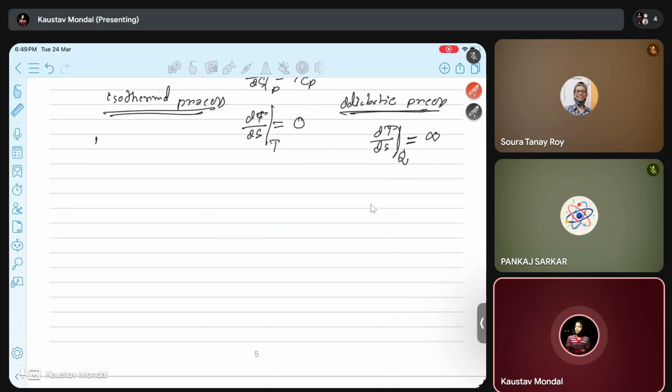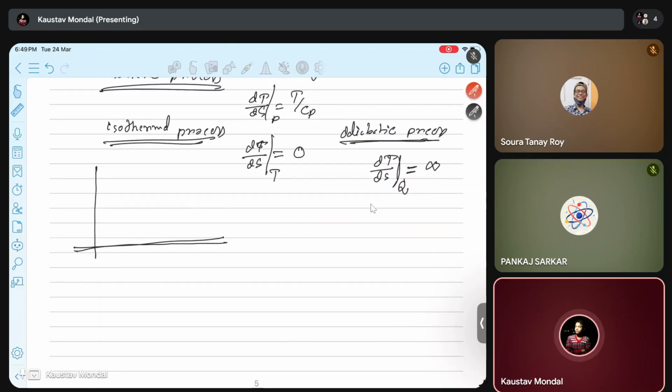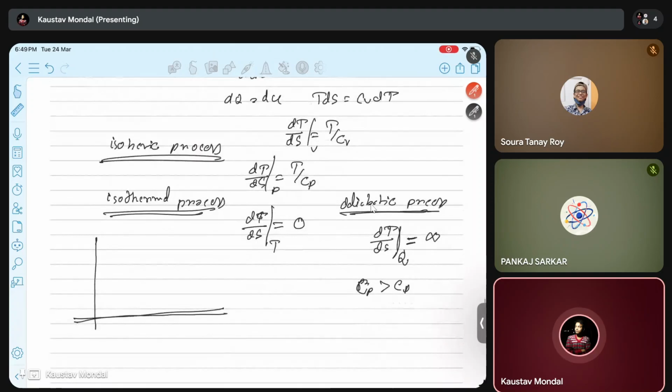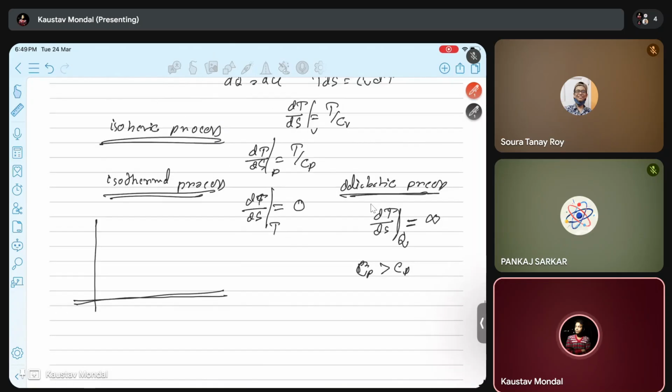So if you draw it, it looks like this. Cp is greater than Cv, so the isochoric process has a higher slope compared to the isobaric process.